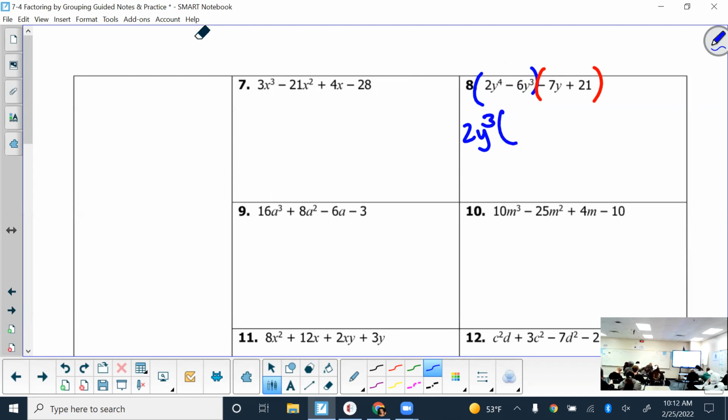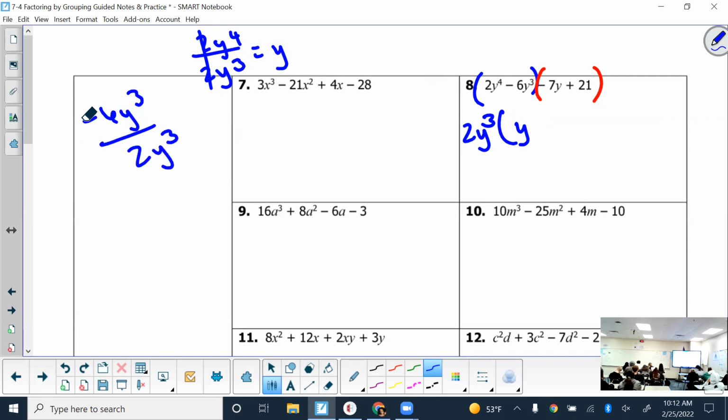So then divide that from each term. 2y to the 4th divided by 2y cubed is y to the 1st, because the 2's canceled. And then negative 6y cubed divided by 2y cubed is what? So the y cubes cancel, just negative 3.